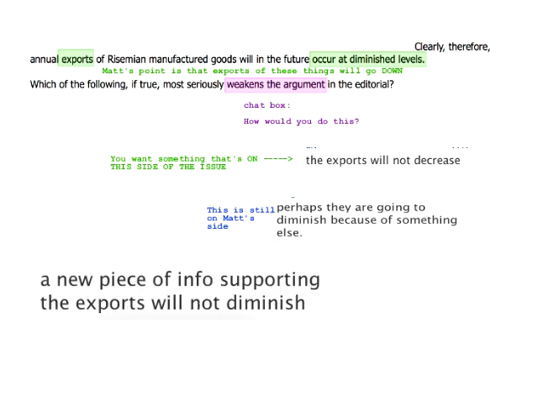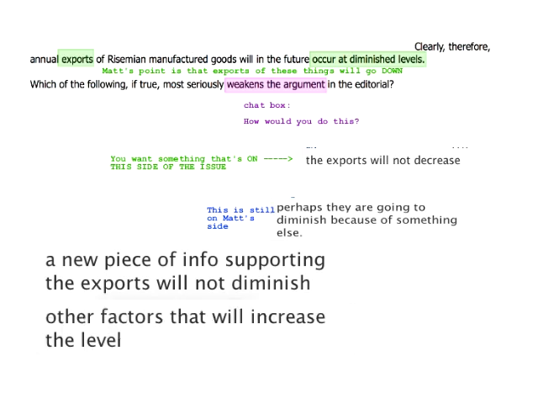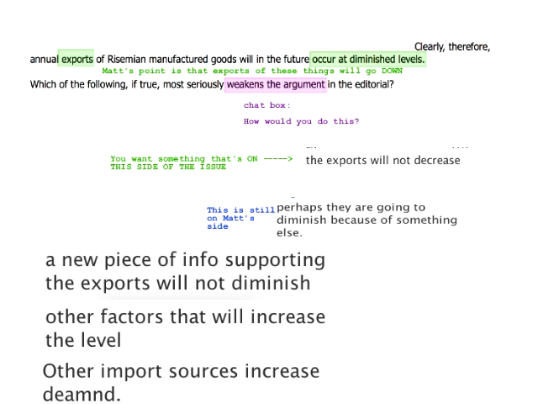I like these two. Three of them. There you go. Yeah, okay. So, you know they're going to present you with some sort of evidence that exports of something are going to go down.